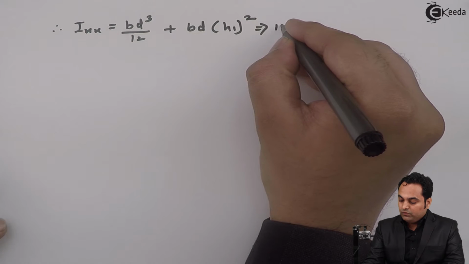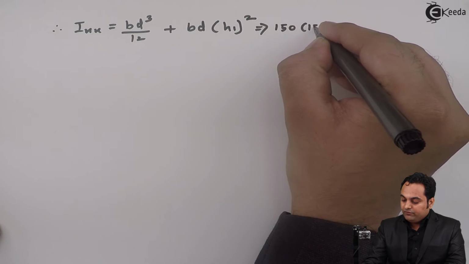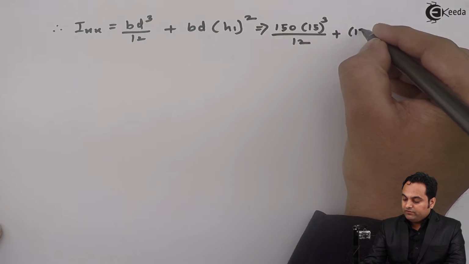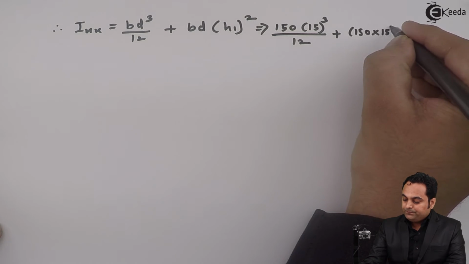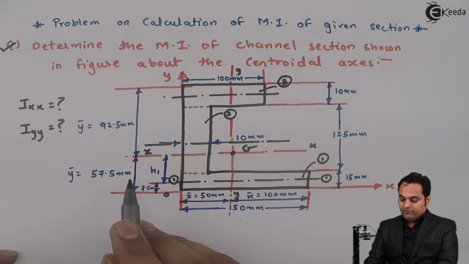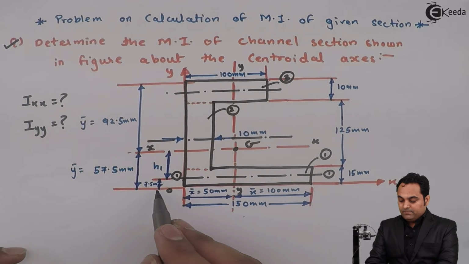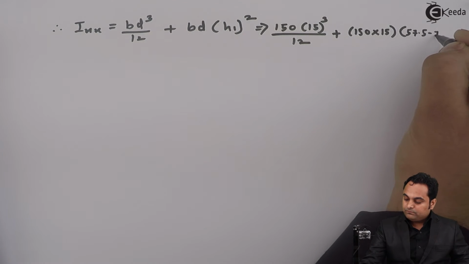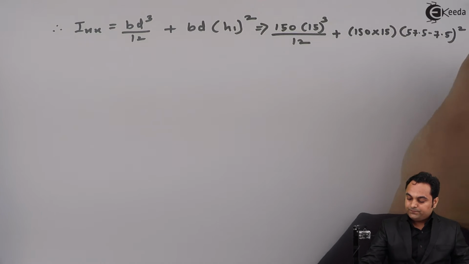So 150 into 15 cube by 12 plus 150 into 15 into h1, where h1 is 57.5 minus 7.5, square.